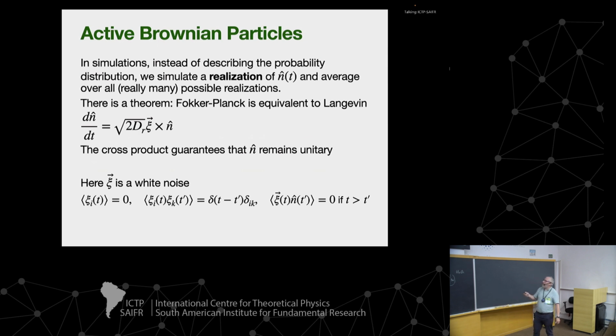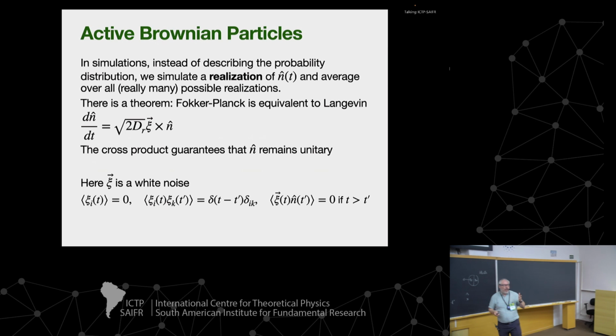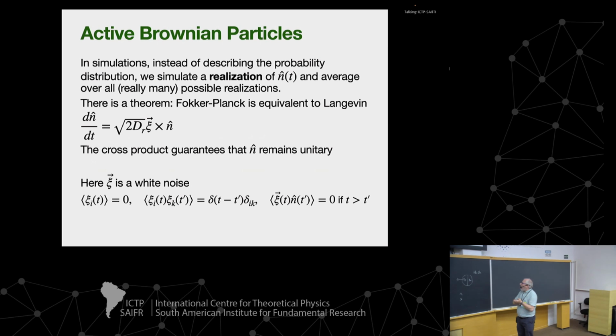Note that the opposite is not true. The director at later times depends on the noise at previous times, because the director was obtained by solving this equation. Okay, so this is what's called a stochastic differential equation. And that describes the motion of these active colloids or bacteria that do not tumble.